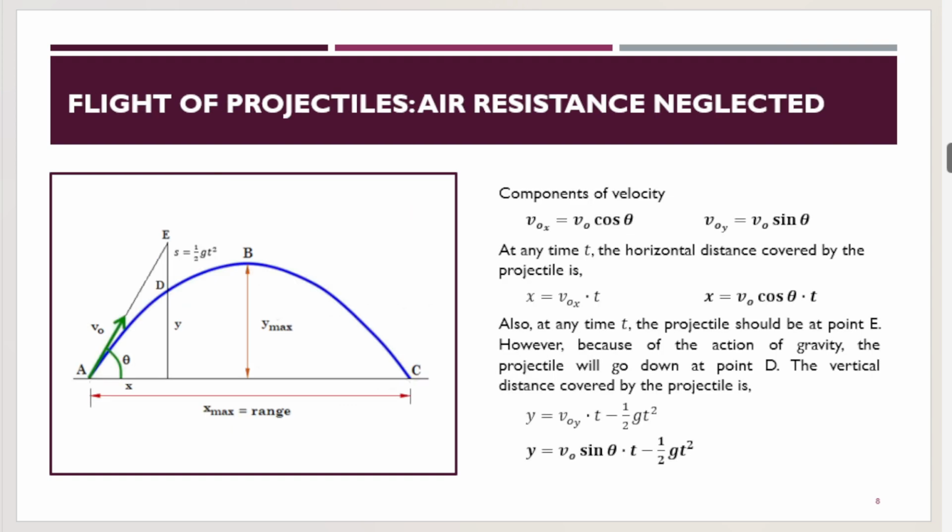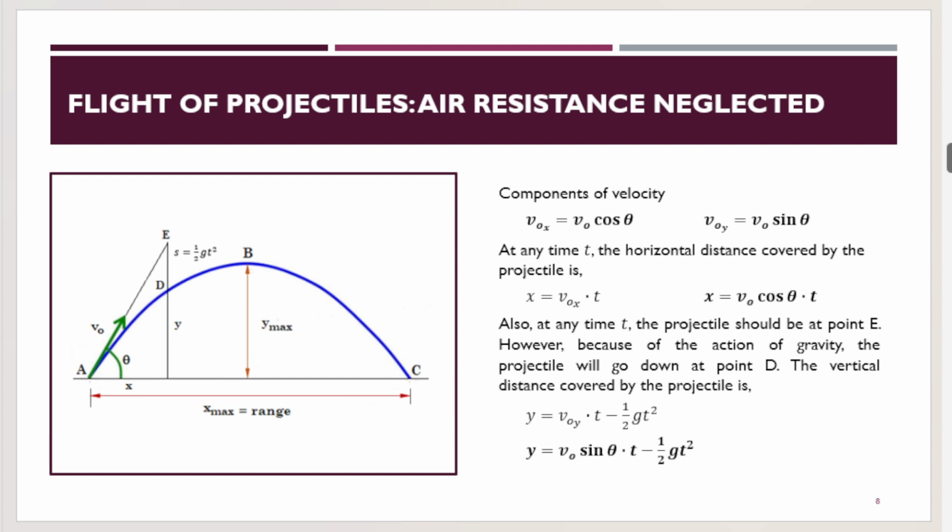In line with that, we have what we call the flight of a projectile, where air resistance is neglected. I know that some of you are somehow familiar with this, the projectile, from your previous discussions in calculus and your STEM strand, where you are more into mathematics and science related subjects.